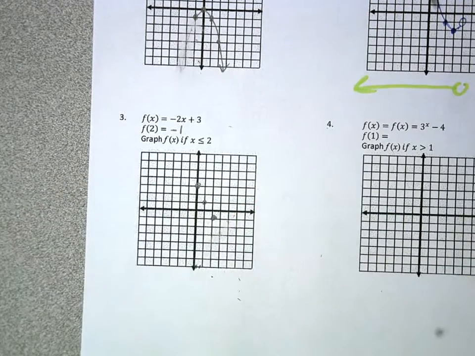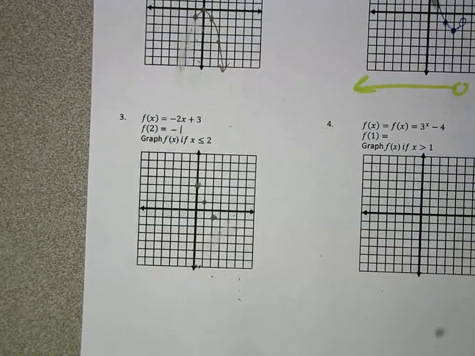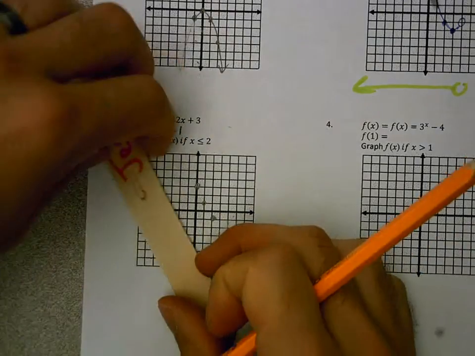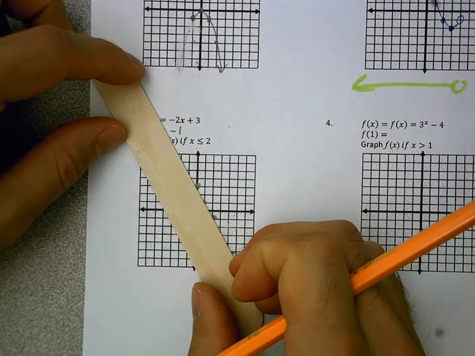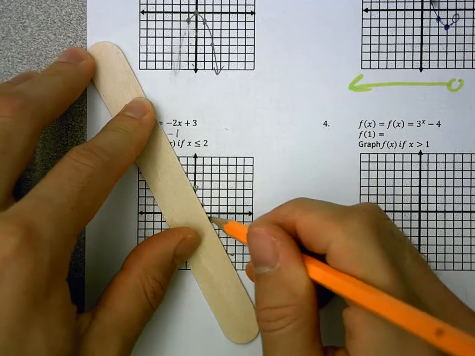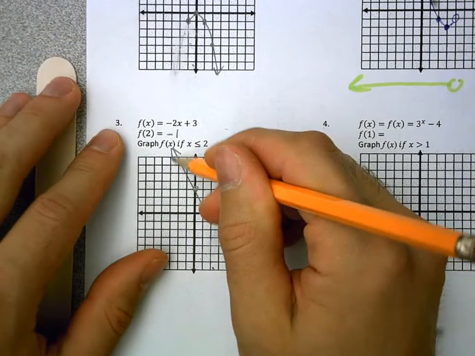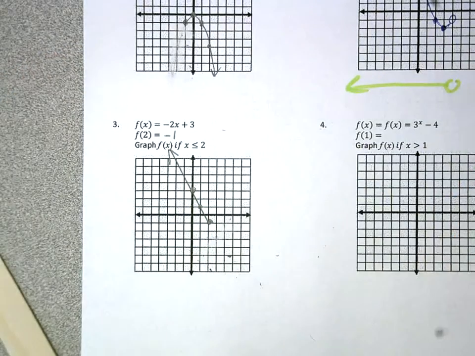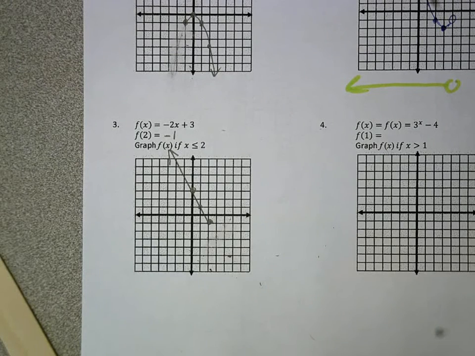And only draw my graph going to the left of that point. Draw the arrow on the side where it keeps going. Solid dot where it stops.